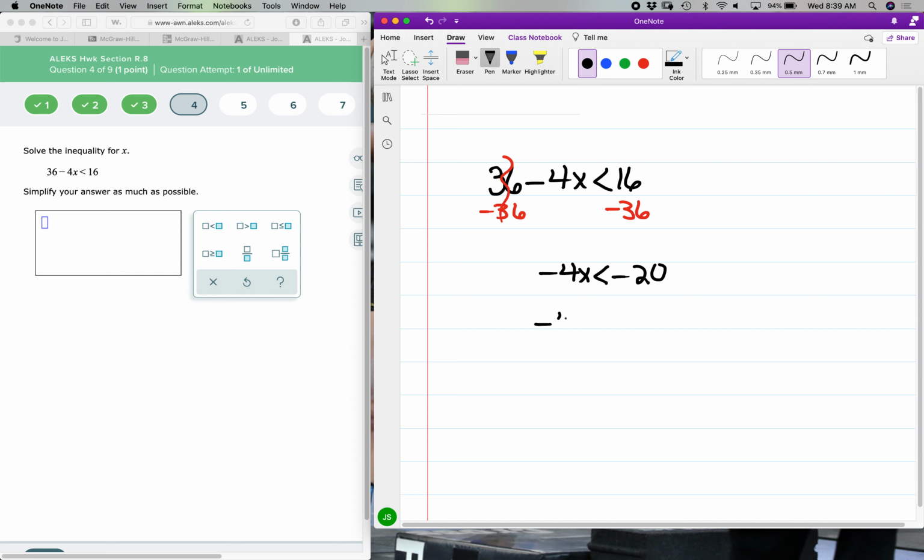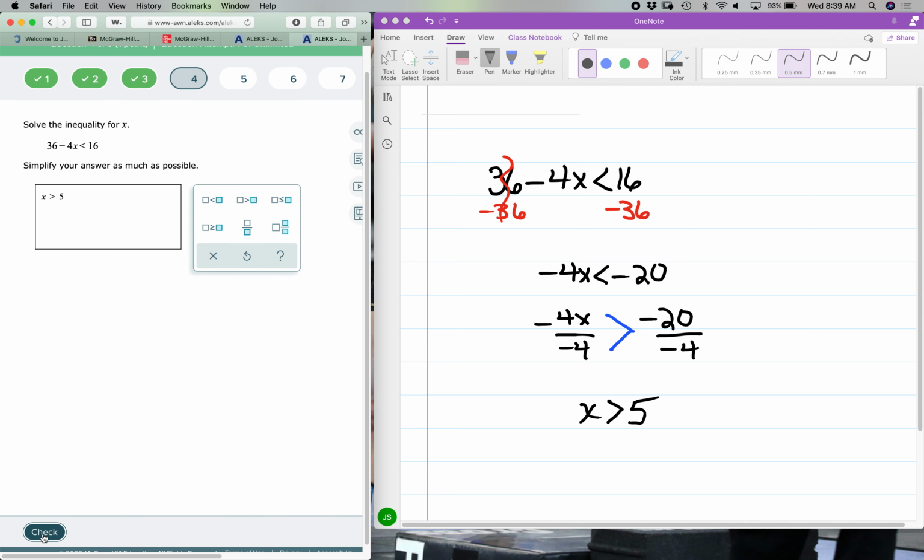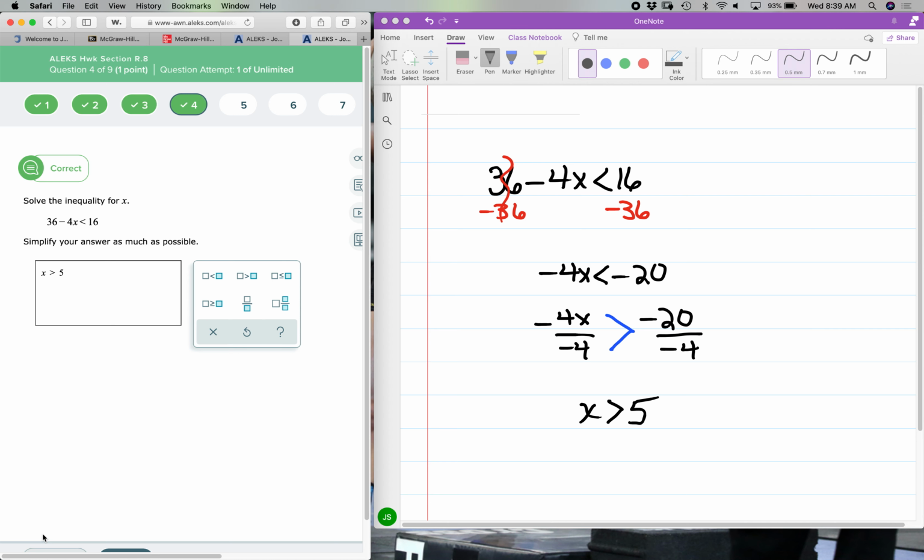To isolate x, we have -4x over -4, and to the right -20 over -4. If you multiply or divide by a negative, the direction of the inequality is going to change, and that's because of division by -4. So we have that x is greater than 5. And testing out the result, it is correct.